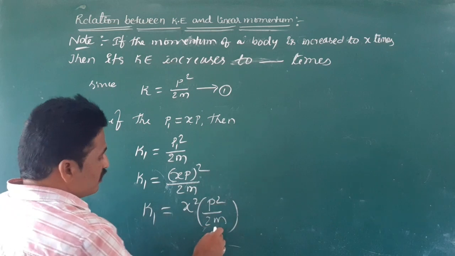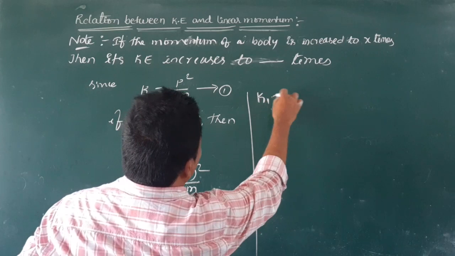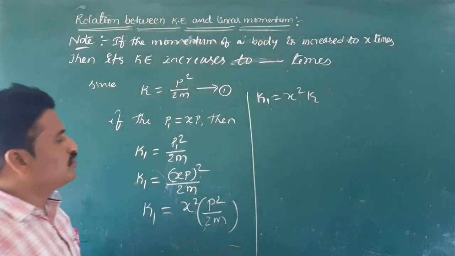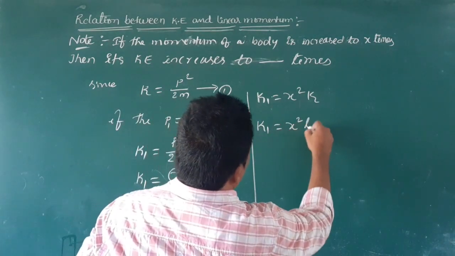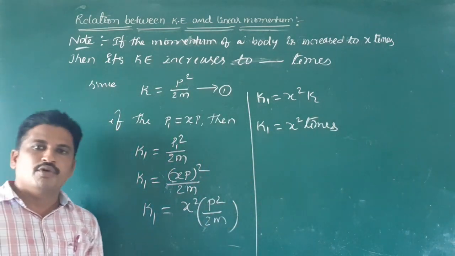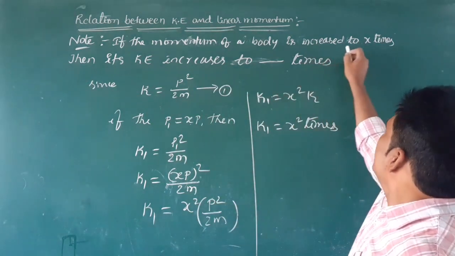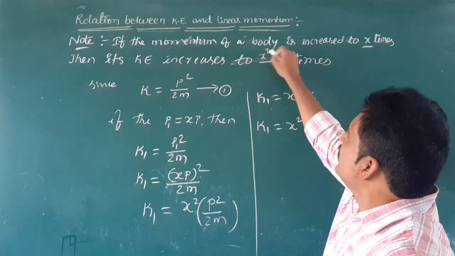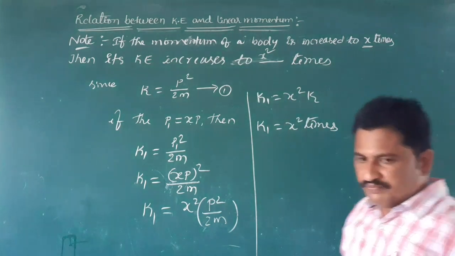Instead of p square by 2m, we can write kinetic energy. So K1 is equal to x square times K. See here properly. If the momentum of your body is increased to x times, then kinetic energy increases to x square times. How many times? x square times.